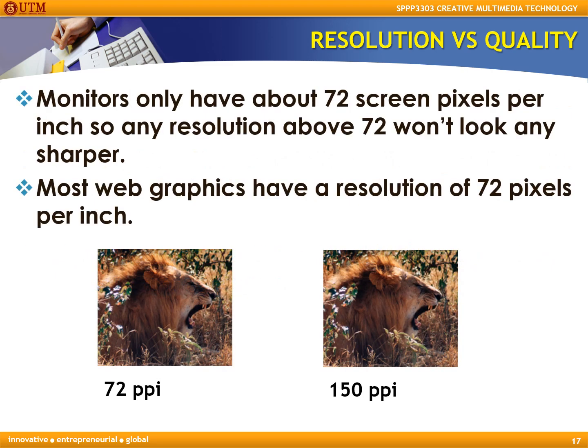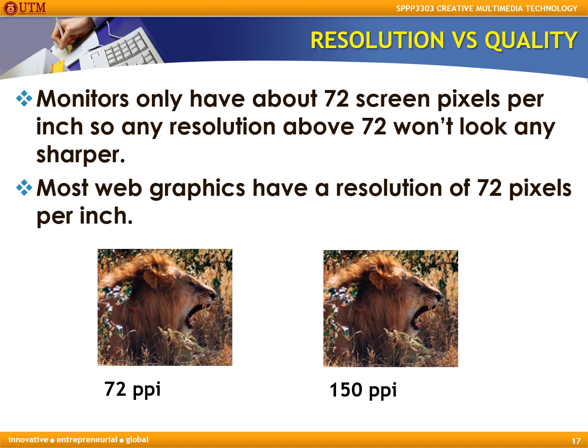Now, when we work on graphic design, for example a poster or a website, we must know that the monitors we deal with, laptops, PCs, and so on, have a limit of 72 pixels per inch.